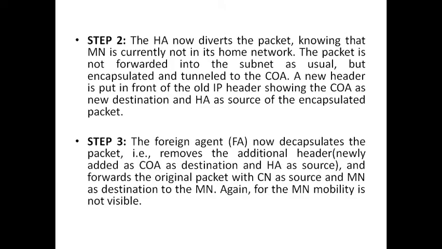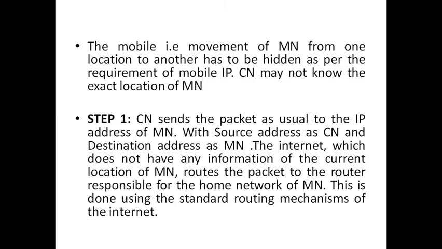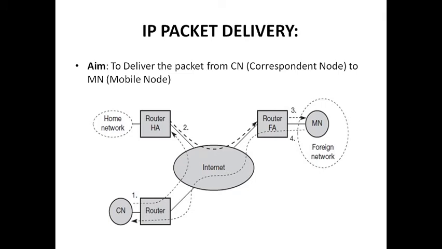Till step 3, packet from the correspondent node to the mobile node is done. Okay, now packet has reached the mobile node successfully till step 3. In step 4, again second process has started, that is, if at all mobile node wants to send packet to the correspondent node. Till now we have seen that correspondent node transfers the packet to the mobile node till step 3.